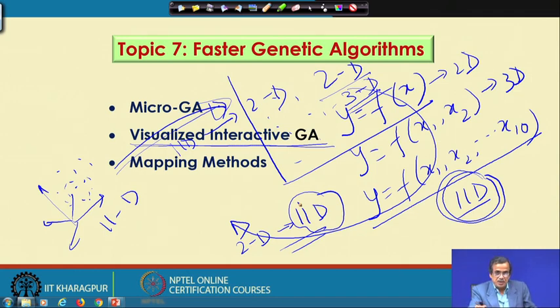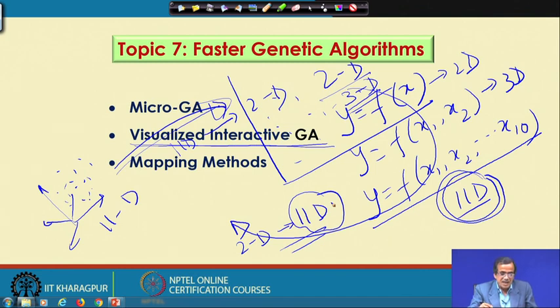The user gives information to the GA to concentrate on this particular region, and this 2 dimensional data will be converted to 11 dimensions. By doing this, there is a possibility that the user is going to help the GA a little bit, that means the user is going to supply some intelligence to the genetic algorithm. That is the principle of the visualized interactive genetic algorithm.